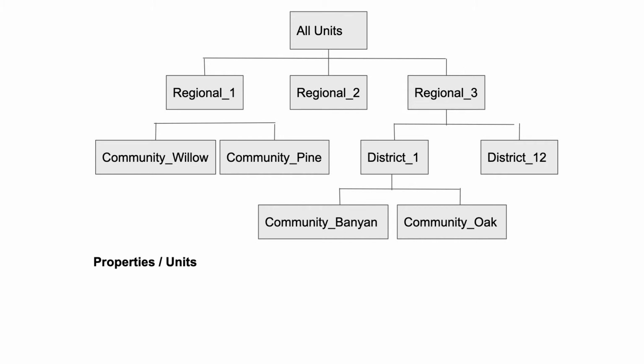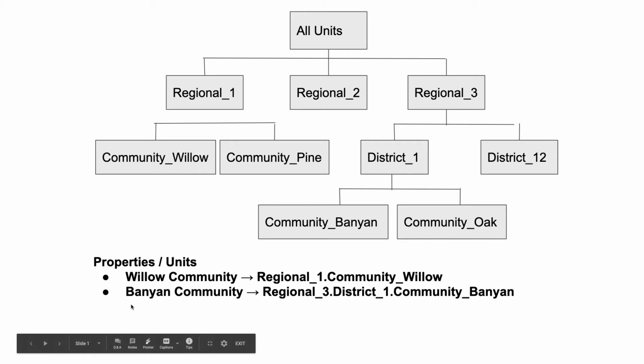Now, under the properties units down here, remember, this is at the property level. So for units in the Willow community, what we need them to say in this example is regional1.community.willow. So it's going to be that part of the tree.